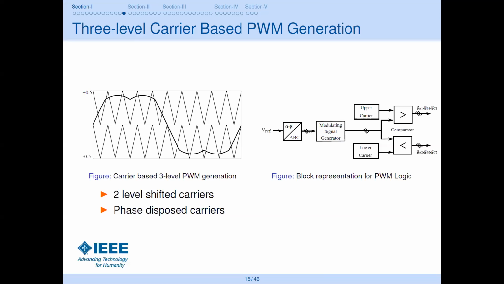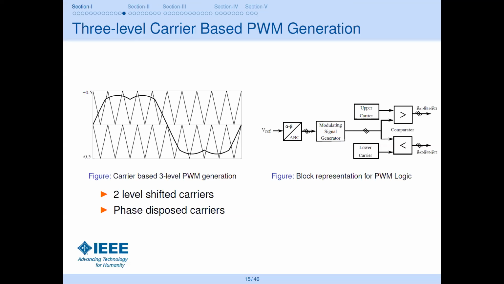And the modulating wave, as you all know, instead of a sinusoidal modulating wave, is a triplen harmonic injected modulating wave because it has better DC bus utilization and better harmonic results. Here you can see that to generate a three-level topology, you have to divide the triangle into two parts. So you have two level-shifted triangles, phase disposed to each other.